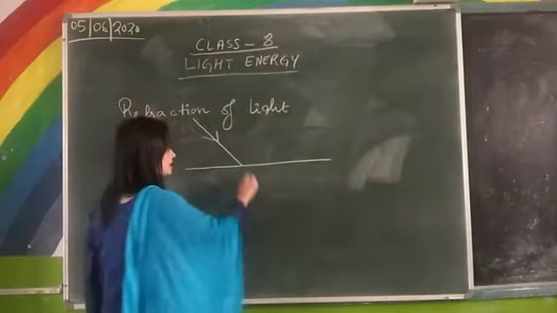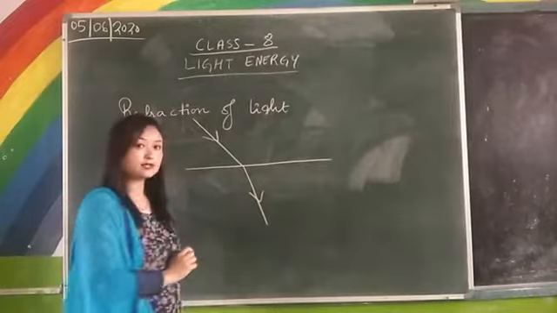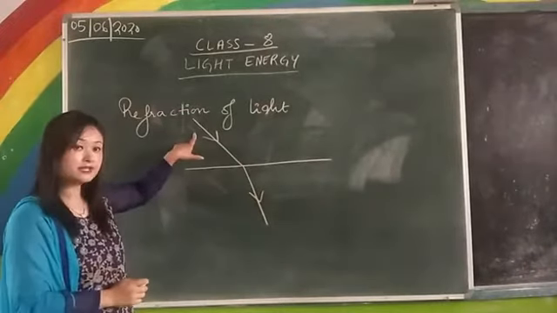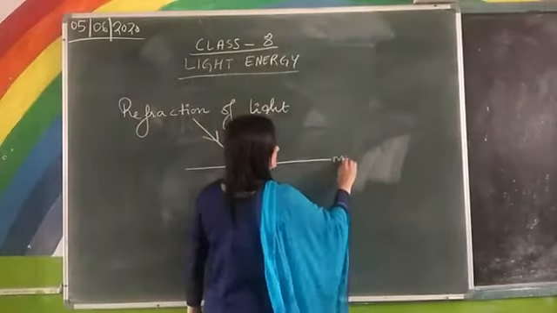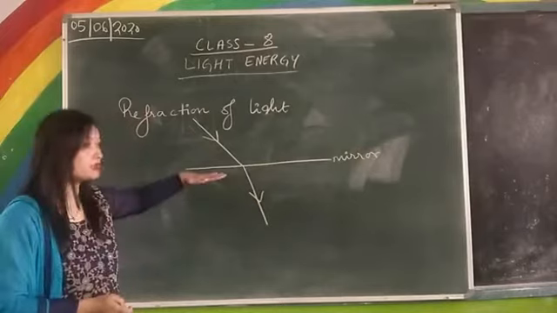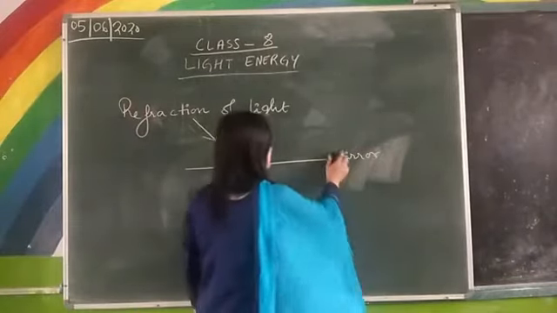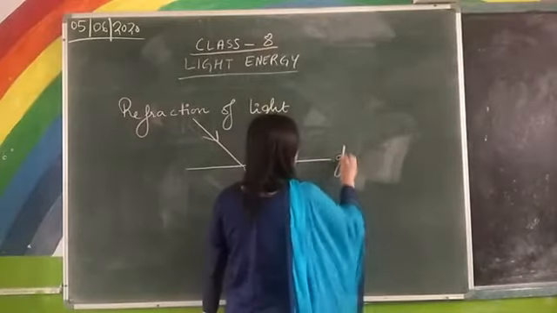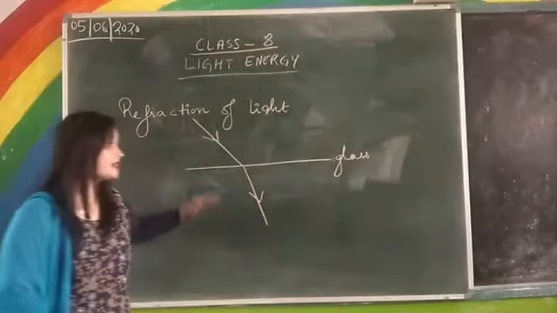2 mediums. If it passes through the medium, say this is your incident ray, it is coming and then it strikes the refracting surface, say a mirror here or a glass. Let's not take mirror, let's take glass. I'm taking the medium as glass.